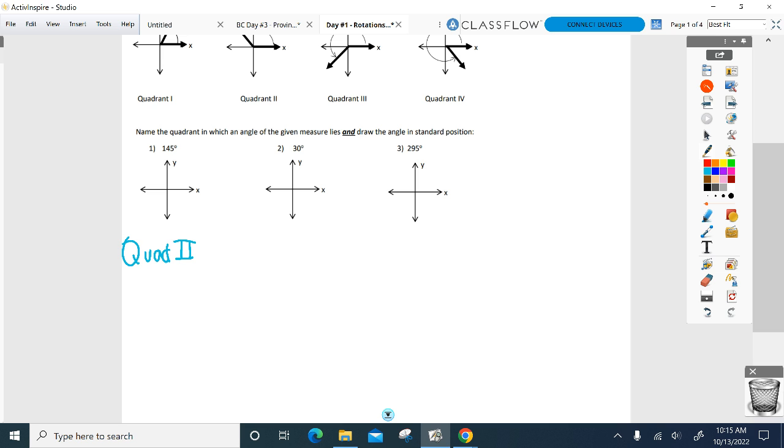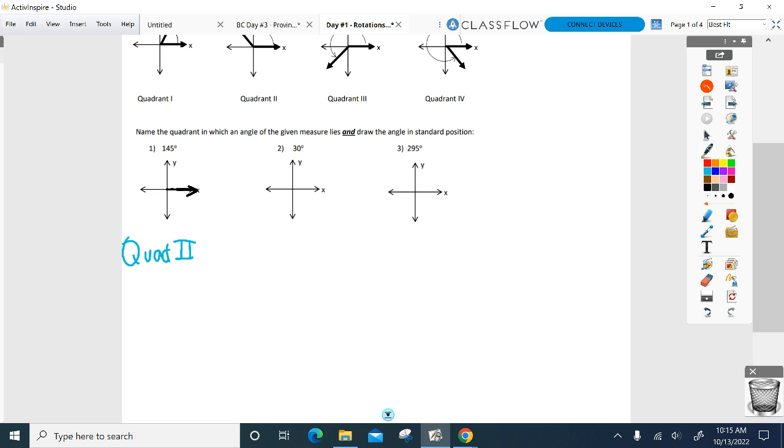Now let's graph it. First side of the angle is always located where? On the positive side of the x-axis. Let's do it right here. There's one side. And the other side, the terminal side, is going to fall in quadrant 2. But hey, am I looking for perfection? No. But what I am looking for is be in the ballpark.